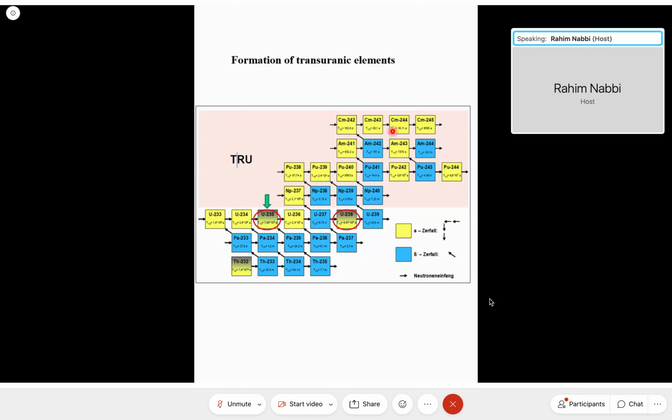Finally, curium-244, also long-term, and at the end of this channel you find curium-245 with 8,500 years half-life. For this reason, for repository or final disposal, the minor actinides are very, very important.